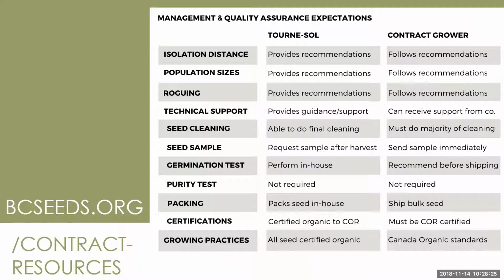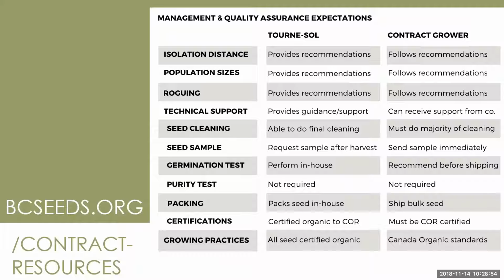So here's a little example of the things you might discuss with a seed company, and what the expectations would be. Some seed companies will be very formal, and you'll go through this step by step, and other seed companies will be a little less formal. No matter how formal it is, it's really good to know these things, because these are all aspects of seed production that are indicators of quality.